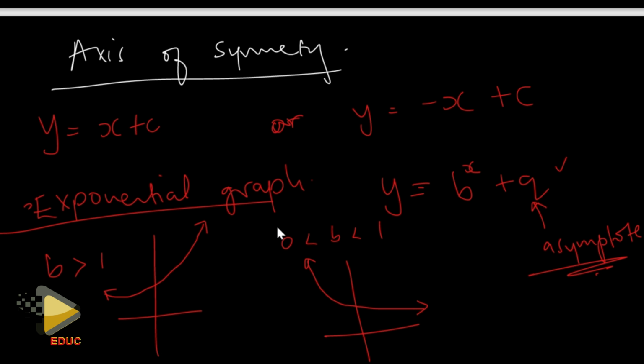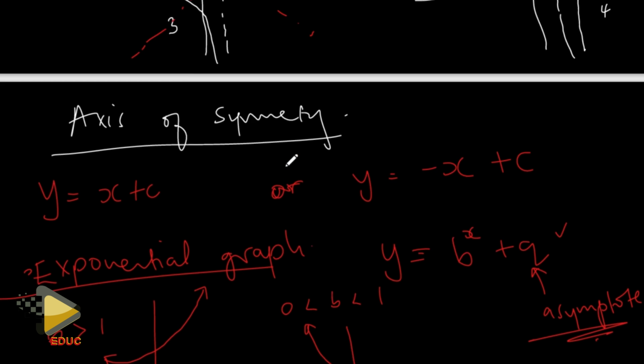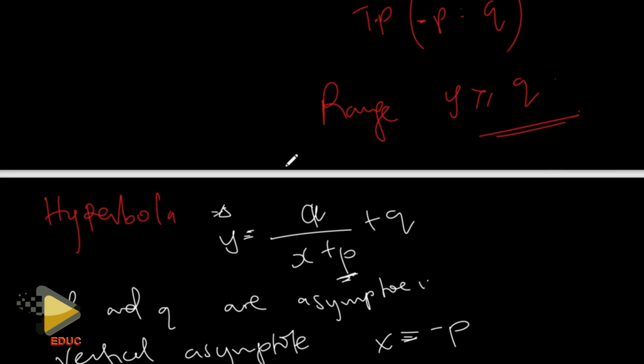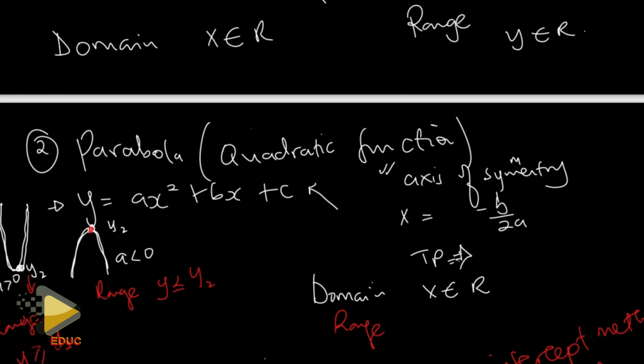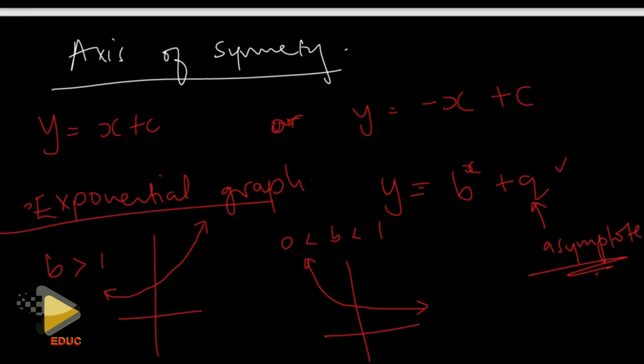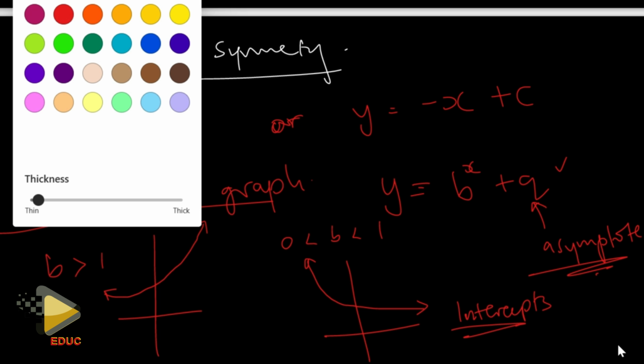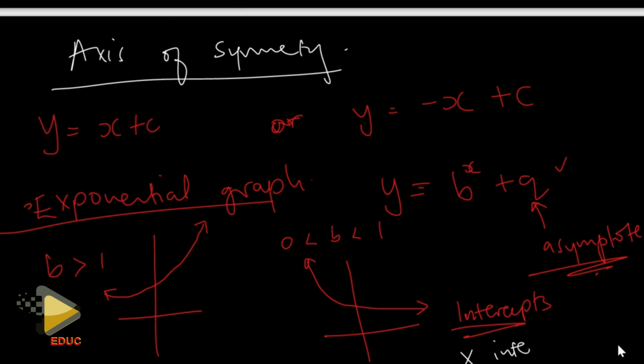Now, I'm going to erase all of this and take you back to what we said: for as long as you're being told to sketch a graph, the most important part will be the intercepts of any graph. For us to get the x-intercept, we always let y be 0.